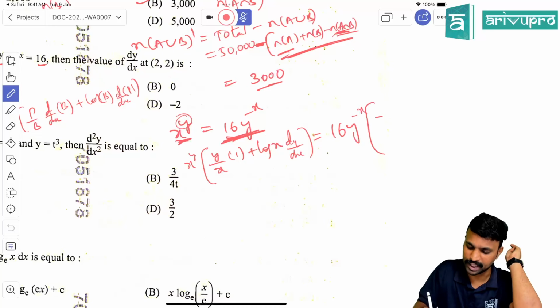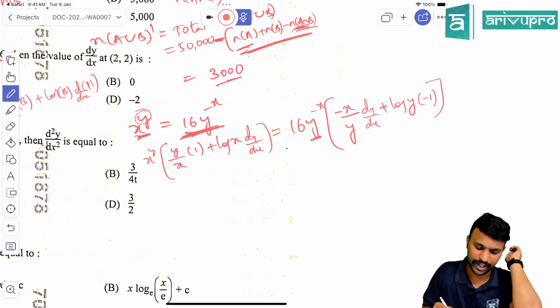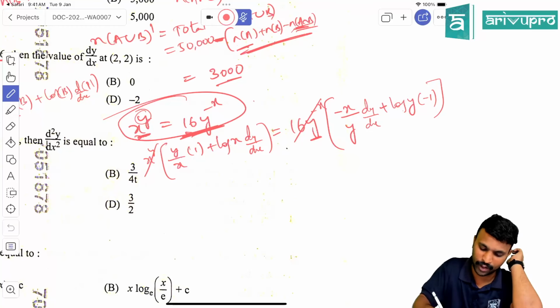Now power by base, power is minus x, divided by base y. Derivative of the base y is dy by dx. Then plus log of base y, into derivative of the power, that is minus x, derivative of minus x is minus 1. Now all that you need to do, x power y and 16 y power minus x will get cancelled, because as per this equation they are equal.